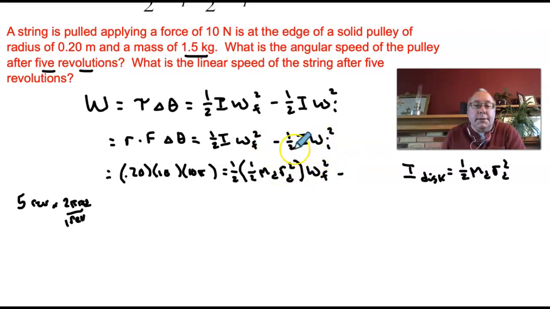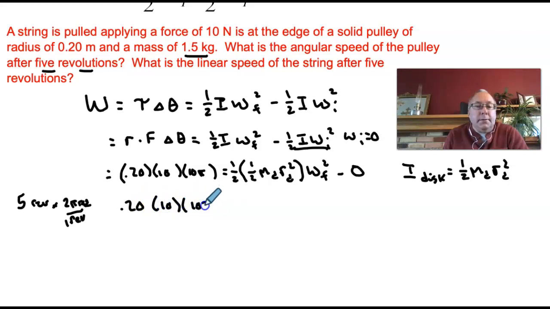Let's say the disk starts from rest, so its initial angular speed is 0. If we let omega_i equal 0, beginning from rest, then we don't have that initial kinetic energy term. So I'll come in here: 0.20 times 10 times 10 pi radians equals 1/4, and the mass of the disk is given as 1.5 kilograms for the pulley, and again the radius of the disk is 0.20, and that should be squared.